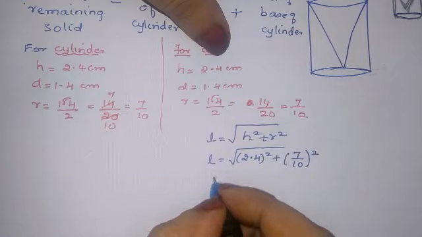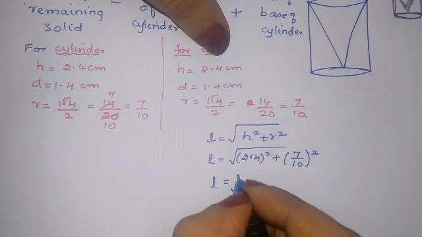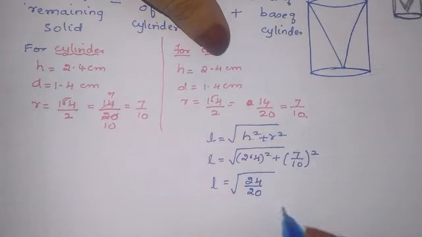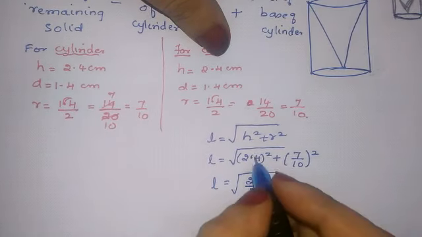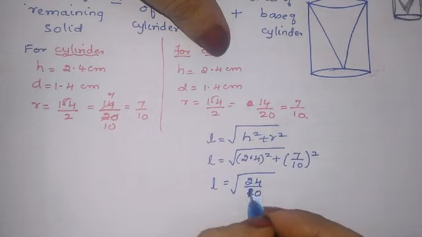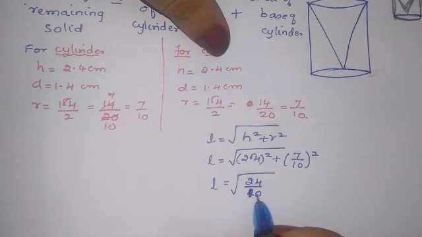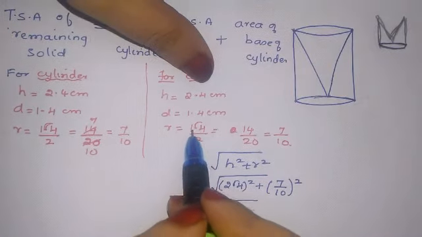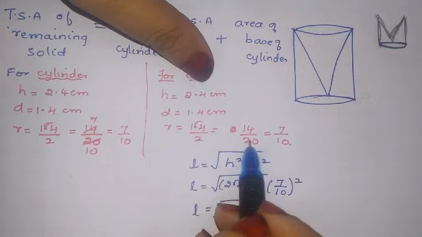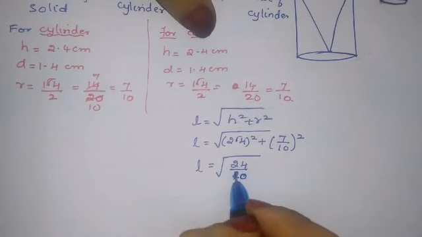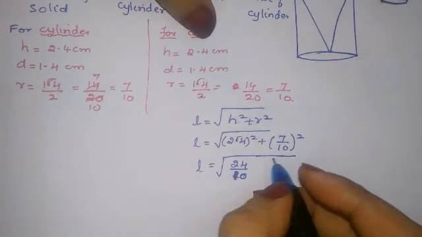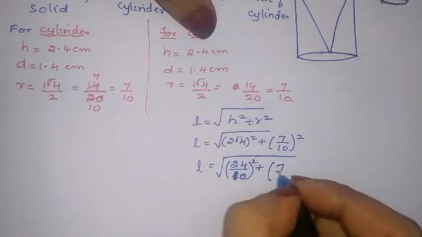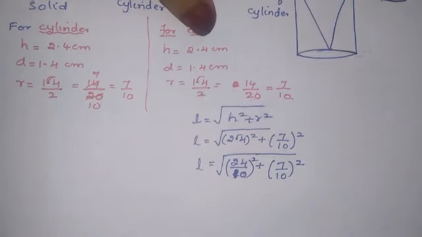Again let us remove the point. 2.4 becomes 24 by 10. Point gone, just multiply by 10. Plus 7 by 10 whole square as it is.